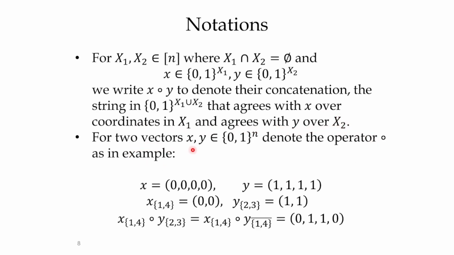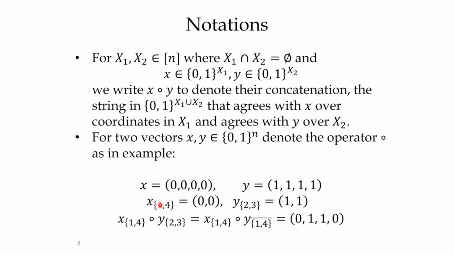For two vectors x, y belonging to the vectors with length n, denote the operator circle as in this example over here. So we have x, which is just 4 zeros, and we have this vector y, which is just 4 ones.